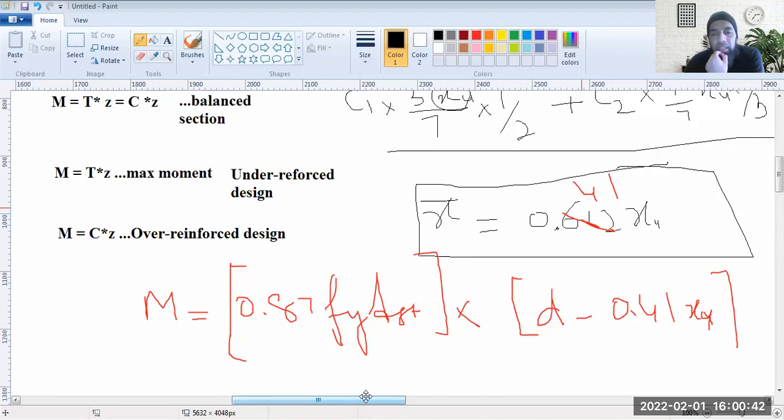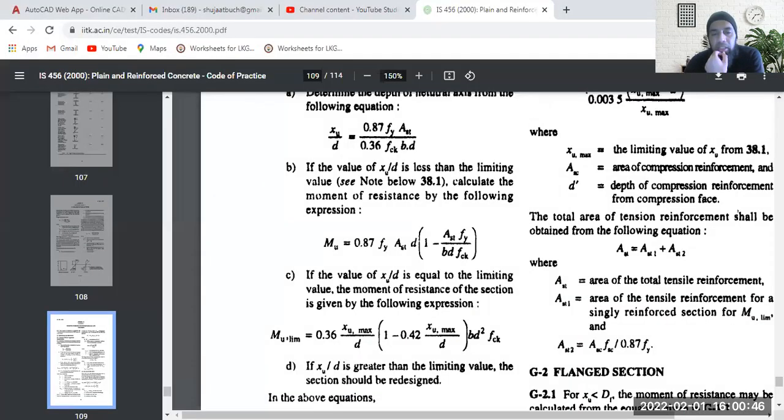This is what you are getting. So overall, the expression, you can just use the expression from the code. This value has to be considered as per the code. So you can use this formula from the code to calculate the value of MU for an under reinforced design.